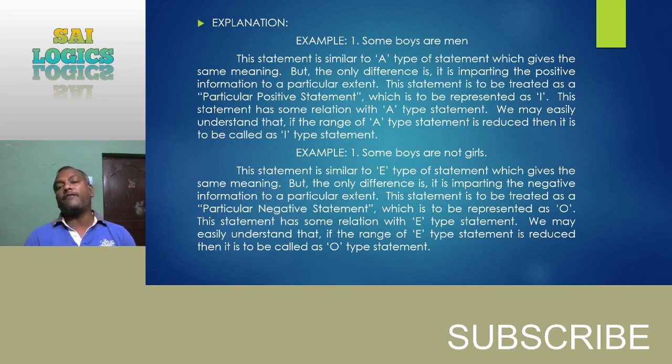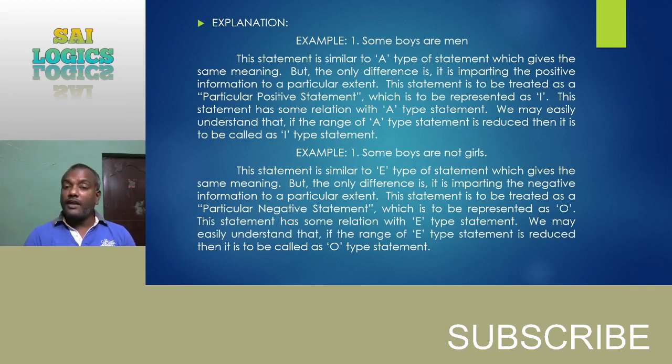This one is also conveying positive information, but all gives us 100% information, whereas some gives it only to a particular area. So when an all type of statement is reduced, it comes down to some. The only relation is that a some statement is formed from the all statement when the range of the statement is reduced.